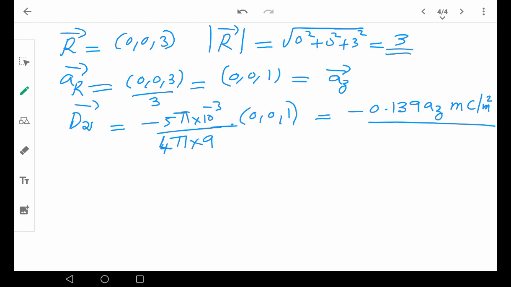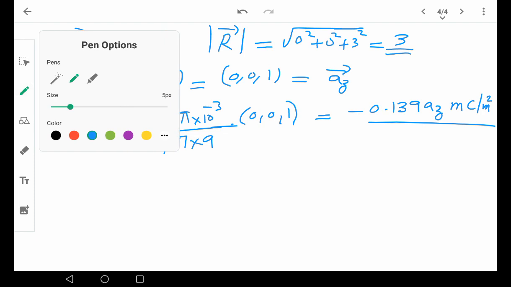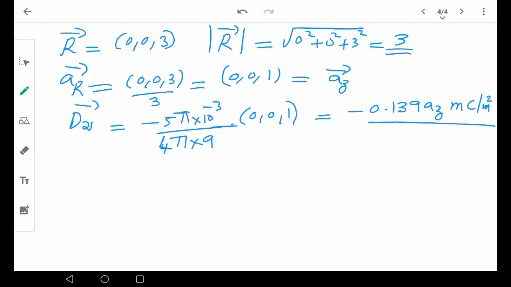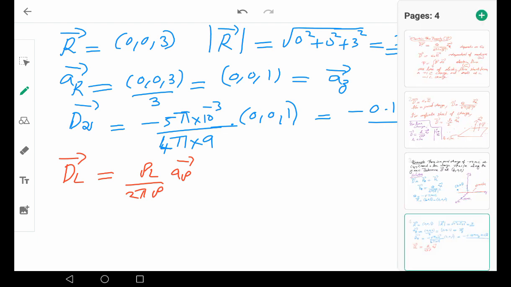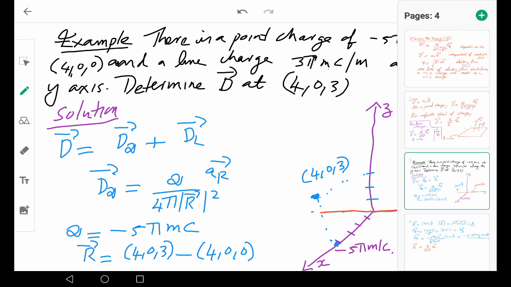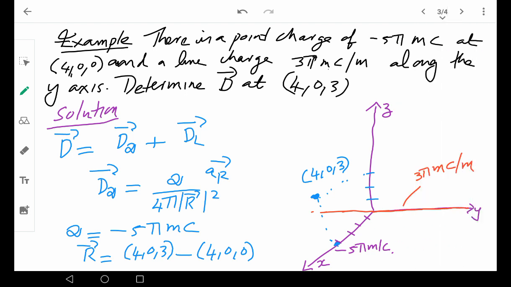Now we'll go for D_L. D_L equal to, we have studied, ρ_L by 2π ρ aρ. Understand? Now you go to the previous slide and see how aρ is coming. See, aρ is from the z axis.